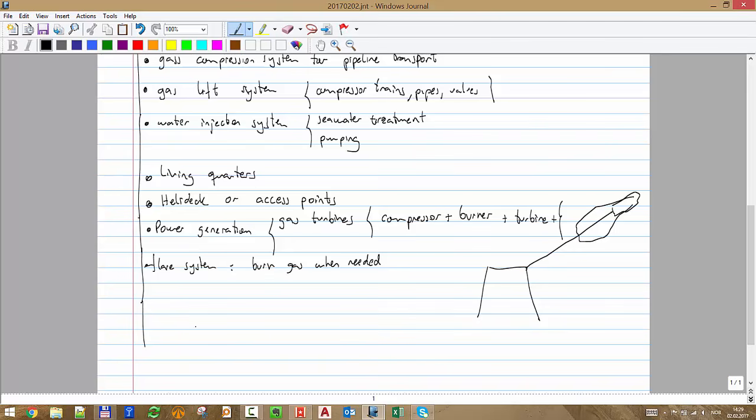Then we have utilities, and in the utilities we have hydraulic power fluid, okay, compressed air.